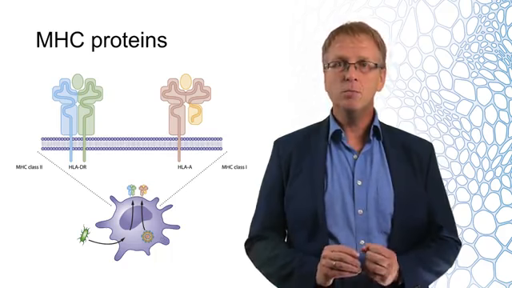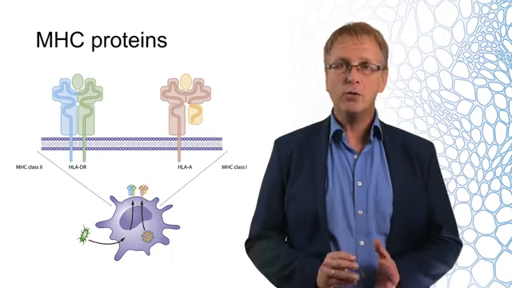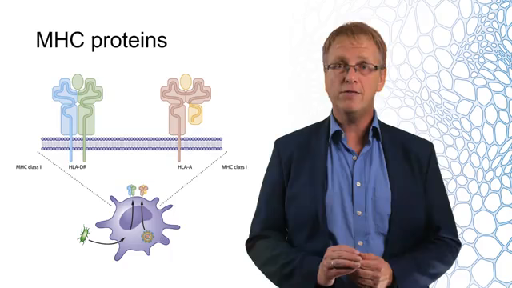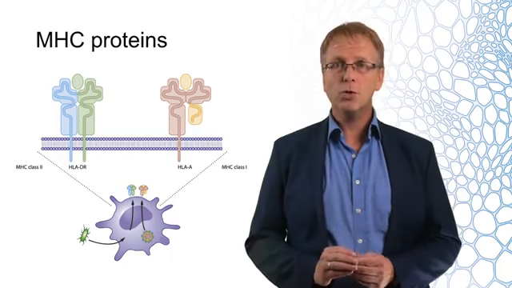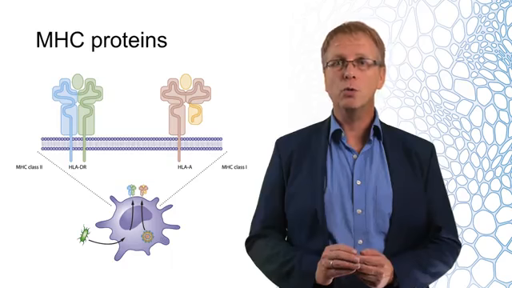In this case, both the presentation of peptides derived from bacteria and from viruses is illustrated. Recognition by T cells not only results in activation of these T cells and its effector functions, but also generates memory. As a consequence, upon a next encounter, a quicker and stronger response will occur.